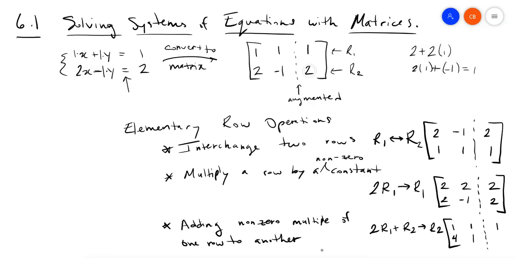And then for the last one, we would take this number 2, and we will add to it 2 times 1 again. So we basically have the same entry, 2 times 1, and we're adding it to 2, so we will get 4 again. And so this one will become 4. And those are the elementary row operations that we can do, and this would be the proper notation for these.